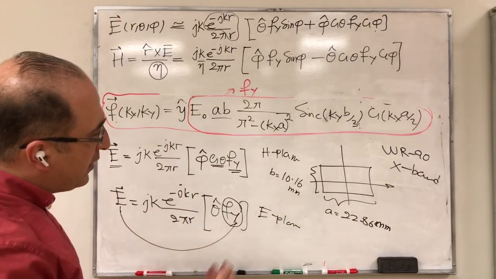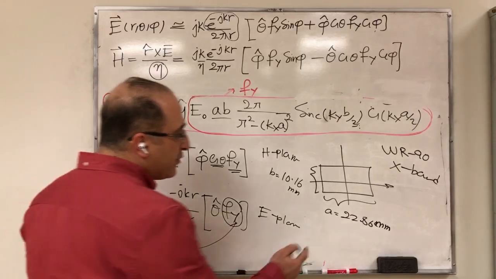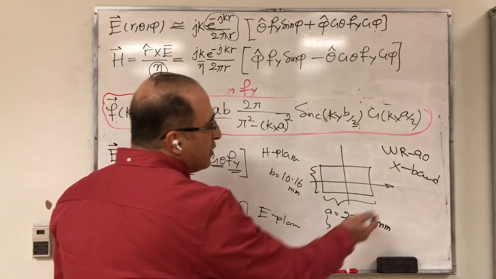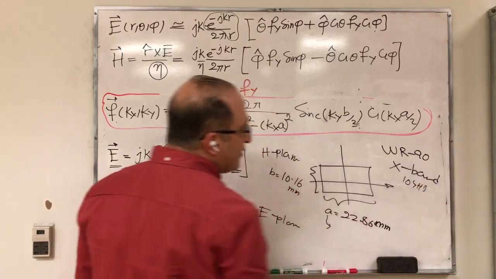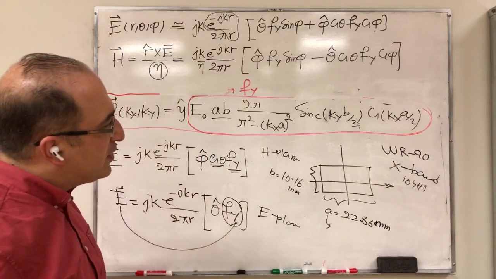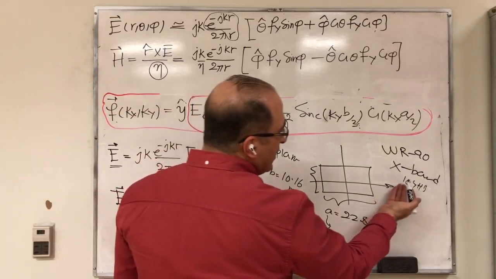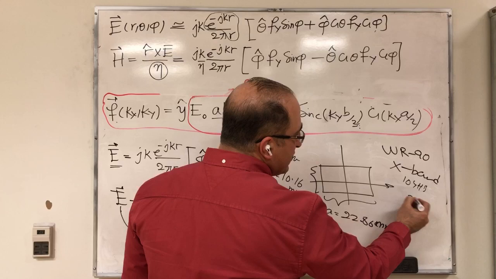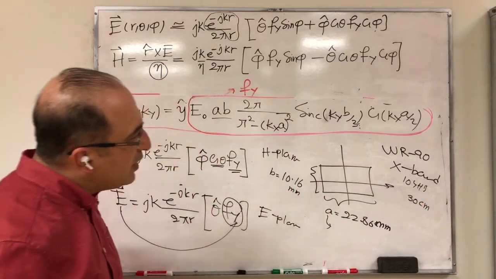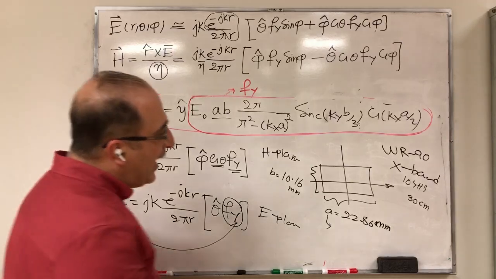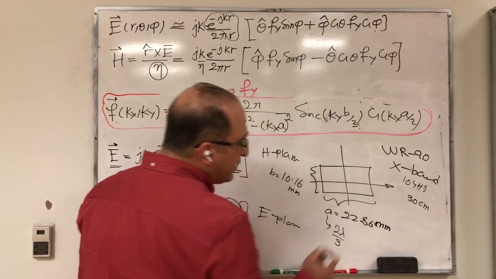The other way you can understand it approximately is at the center frequency. For this one, 10 gigahertz is approximately the center frequency. If we go by 10 gigahertz, the wavelength is 3 centimeter or 30 millimeter. A at the center frequency is about 2 lambda divided by 3.